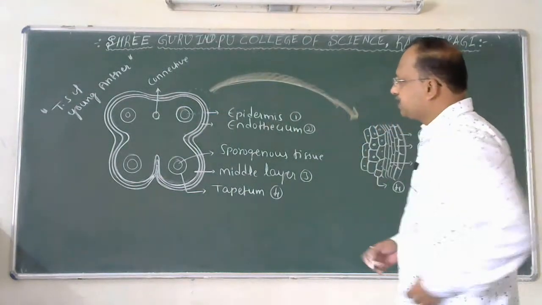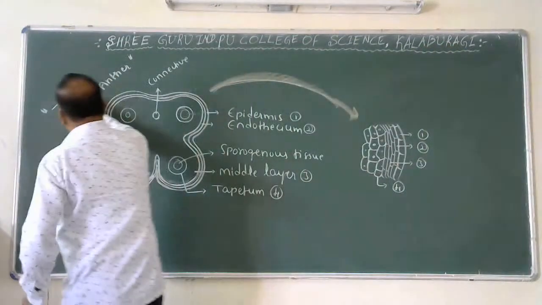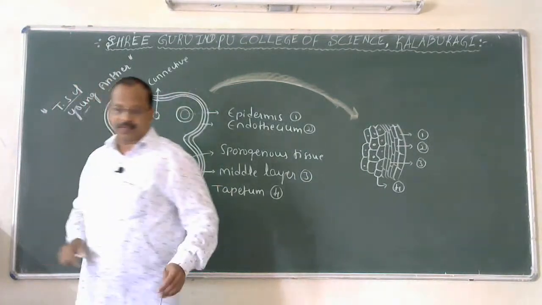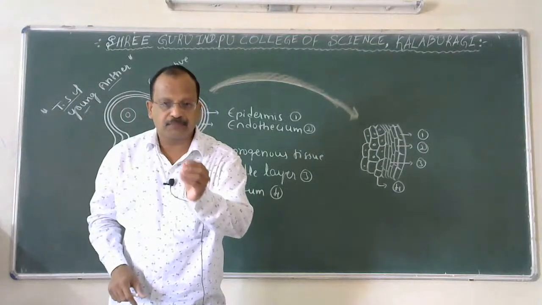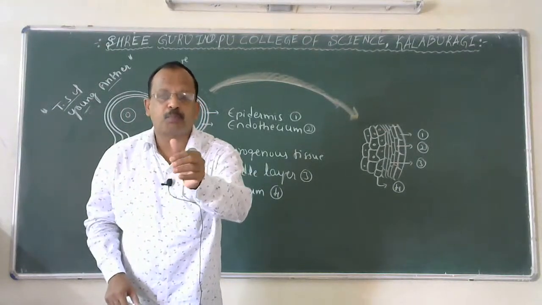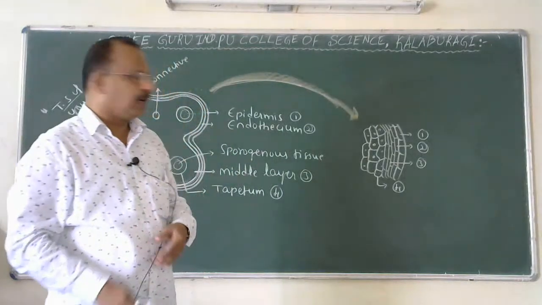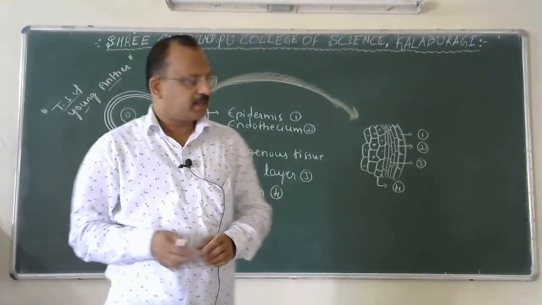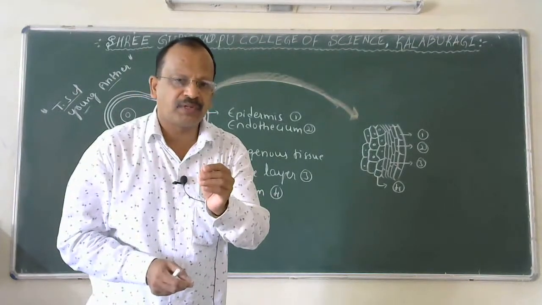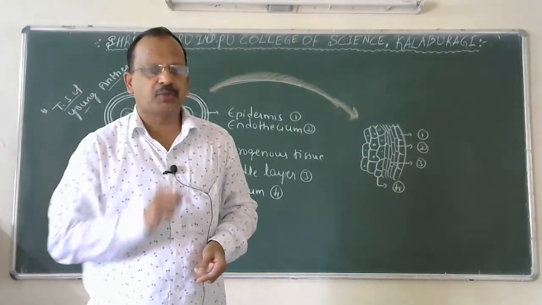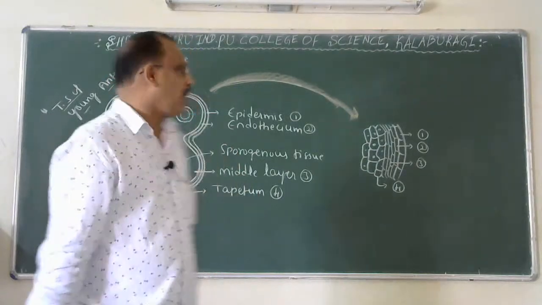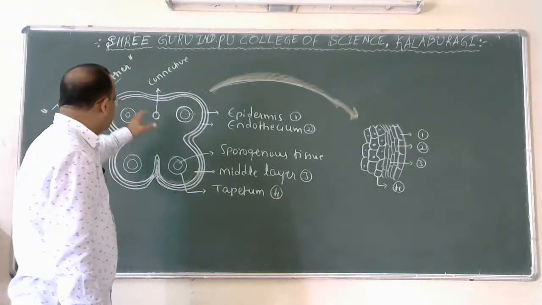This is the transverse section of a young anther, or you can call it the structure of microsporangium. The question will appear for 5 marks. At that time, figure will carry 2 marks or sometimes 2.5 marks, and explanation will carry 3 marks or 2.5 marks. Now look over explanation.